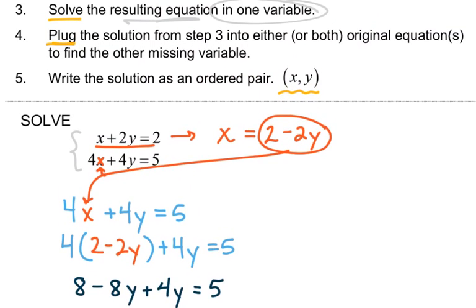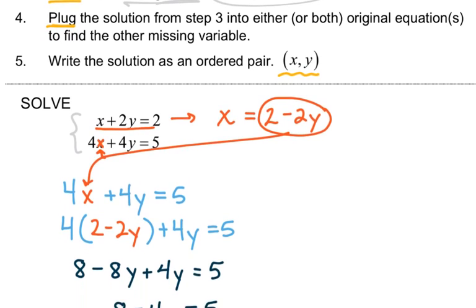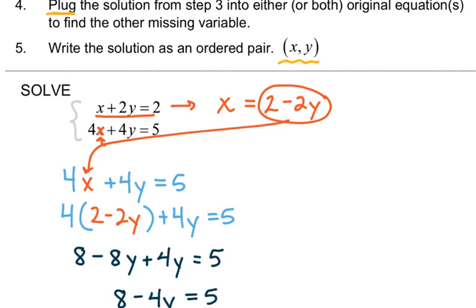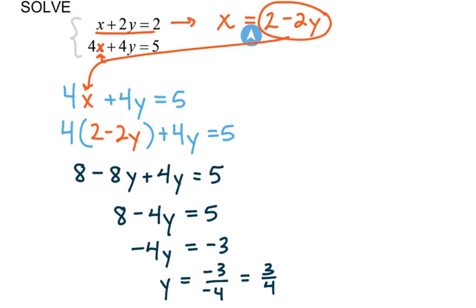So what I have done is I solved for one of the variables. Now we need to take that y equals 3/4 and plug it into either or both of the equations from the start. I'm going to plug it into x equals 2 minus 2y.